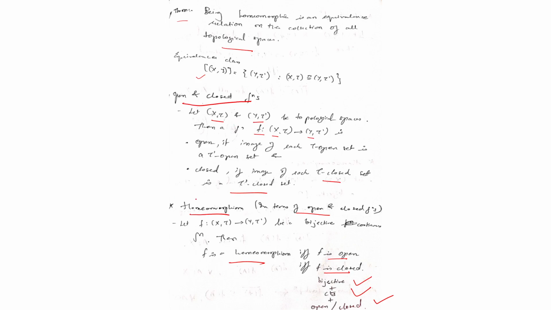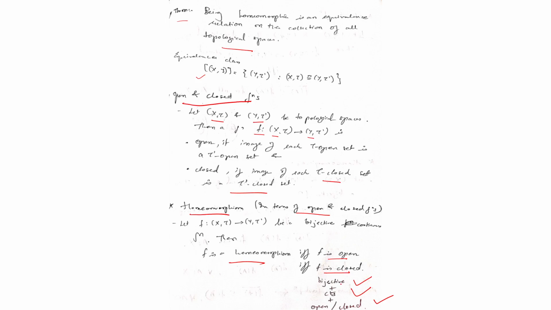Now next is homeomorphism in terms of open and closed functions. Let f from (X, tau) to (Y, tau dash) be a bijective continuous function. Then f is a homeomorphism if and only if f is open, or if and only if f is closed.